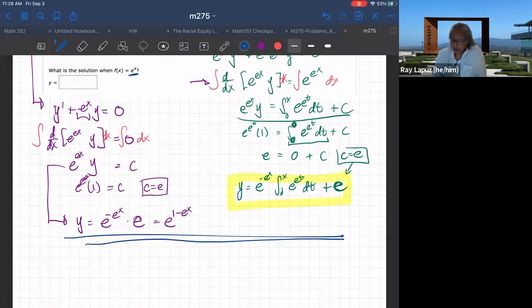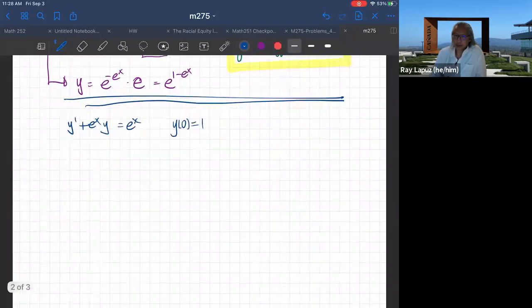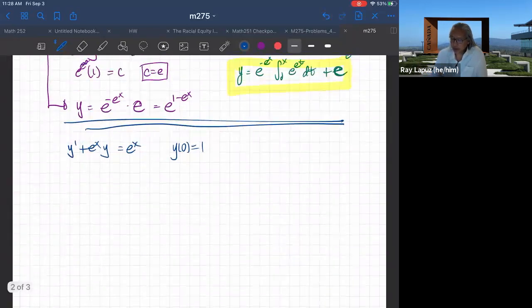We will write our differential equation, y prime plus e to the x times y is equal to e to the x. And we have our initial condition, y of 0 is equal to 1. Okay, assuming we're starting from scratch. Well, let's not start from scratch because we know the integrating factor already.